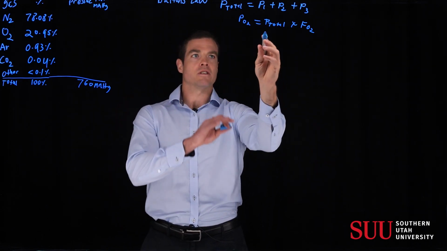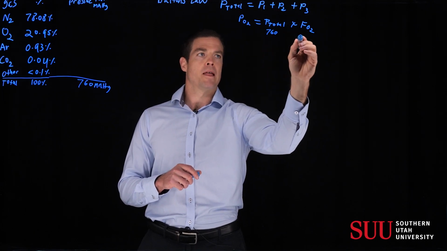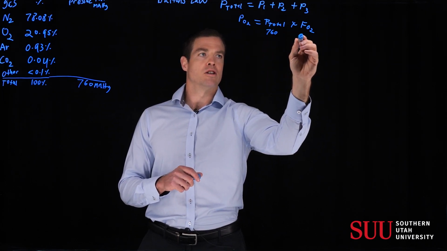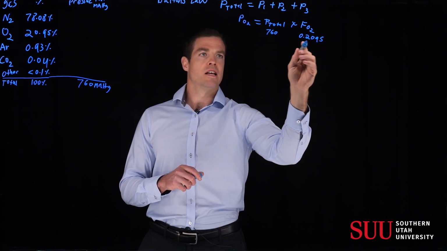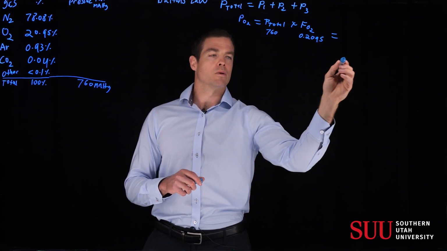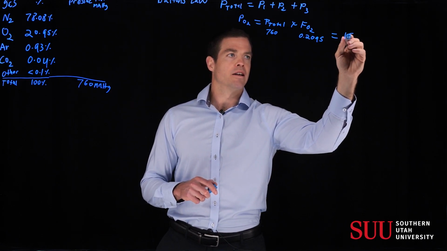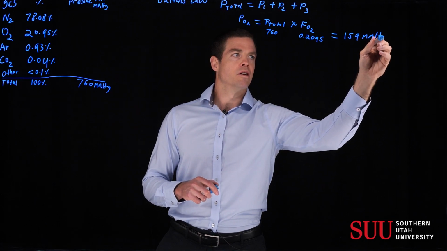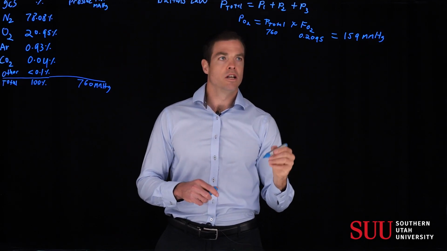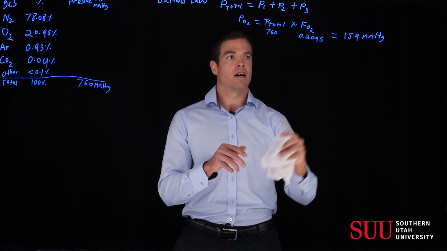So we take the P total, 760, and multiply it by 0.2095. If we did that, we would get around 159 millimeters of mercury.